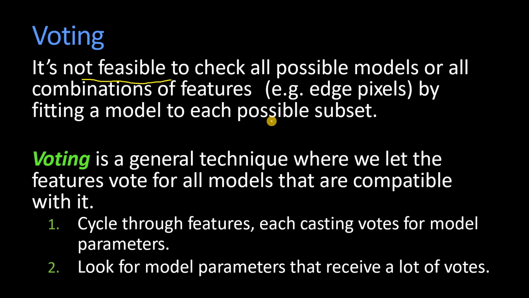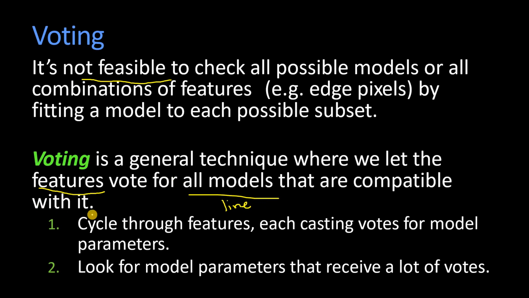So for that purpose we use this method, which is more efficient and very practical, where we use the voting mechanism. Voting is a general technique where we let all the features, so all the pixels, vote for all models. By model we mean our line parameters.